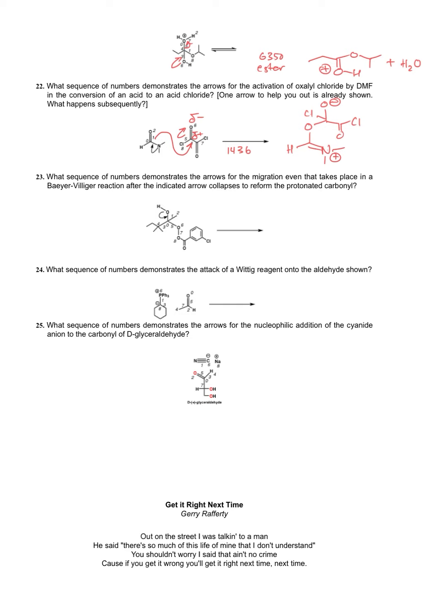What sequence of numbers demonstrates the arrows for the migration event that takes place in a Baeyer-Villiger reaction after the indicated arrow collapses to reform the protonated carbonyl? So at this point is the migration. So you're reforming this protonated carbonyl. So what you have to do is make the choice of the alpha carbons, which one's going to migrate. You have a methyl group versus a tertiary alkyl. So the tertiary alkyl is going to win.